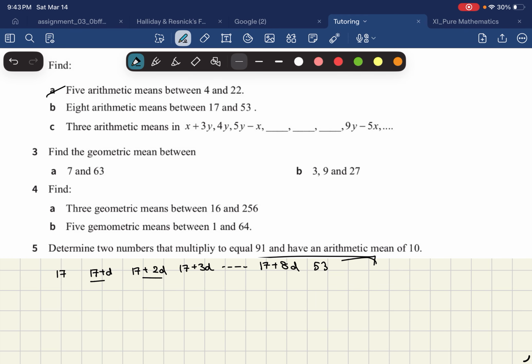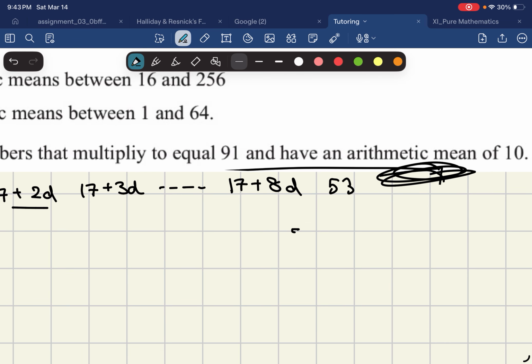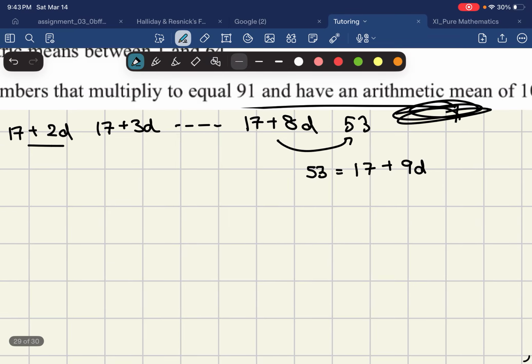All right. So 53 is just a continuation of the sequence. It's just 17 plus 9d. It's the next term. So now we can solve this. 53 minus 17 gives us 36, which equals 9d, and therefore d is just 4.